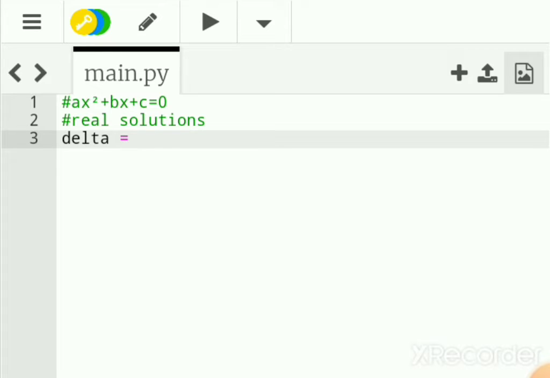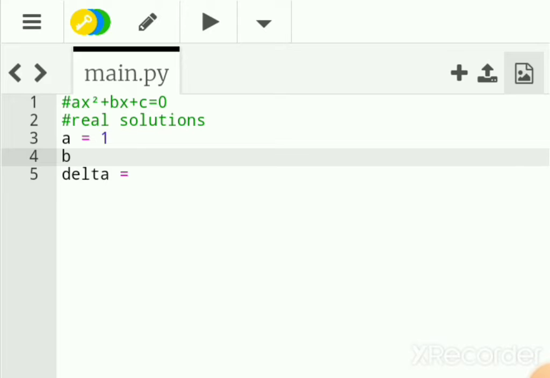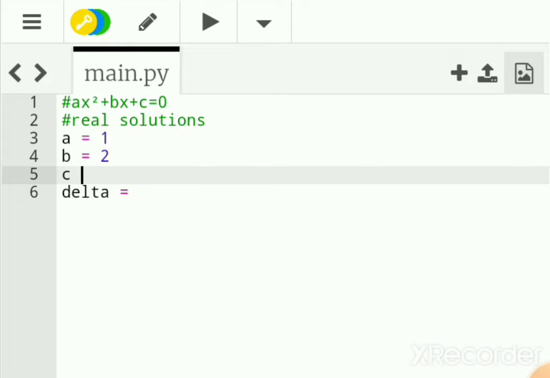But first we have to define these variables. So for example, a is equal to 1, b equal to 2, and c is equal to 1.